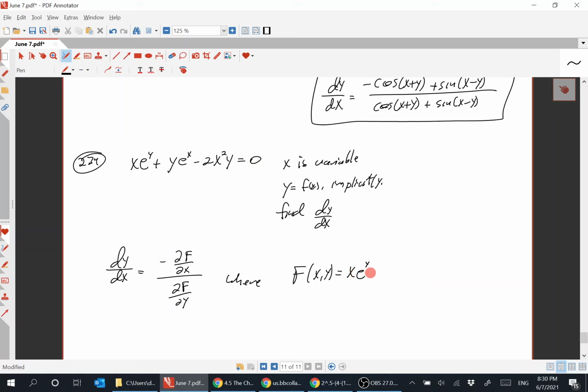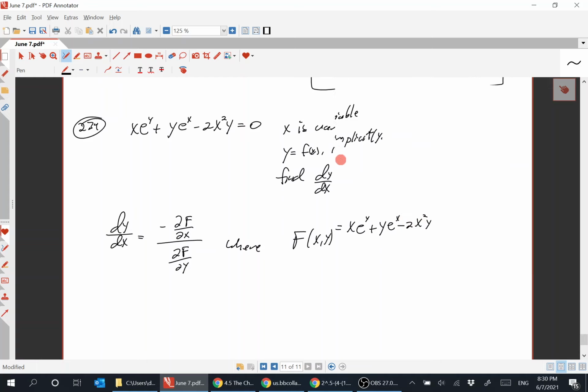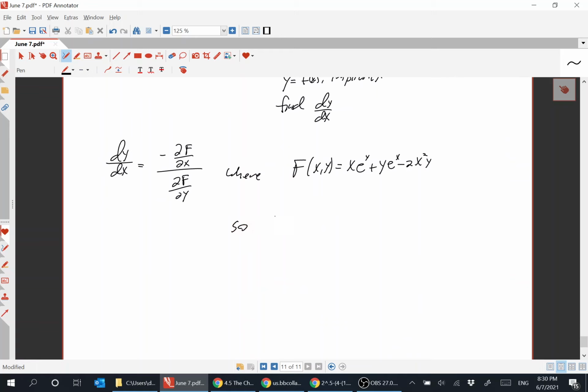x e^y plus y e^x minus 2x²y. So dy/dx is minus the partial of f with respect to x, so that's e^y plus y e^x minus 4xy, over the partial of f with respect to y.